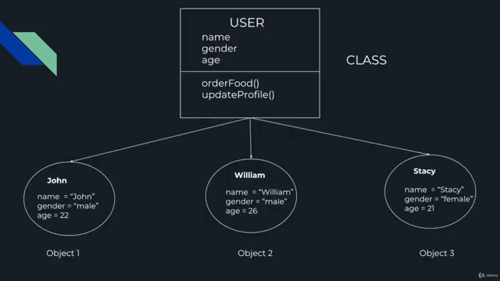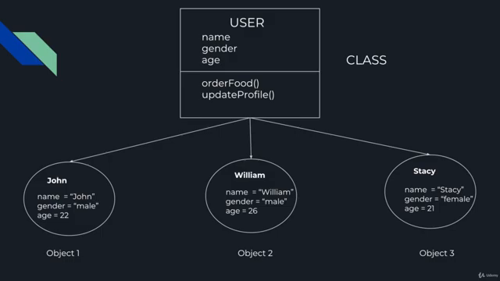Similar to John, we can create multiple objects like William, Stacy, which have their own state and behavior. The state will be name, gender and age, like you can see. These are multiple objects created using the template or blueprint, which is nothing but a class.